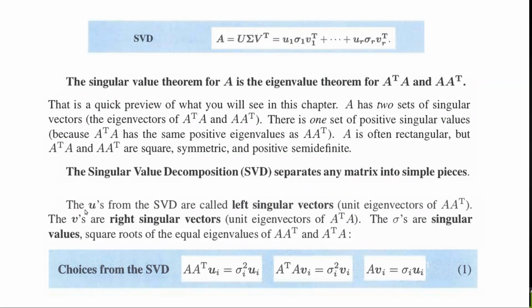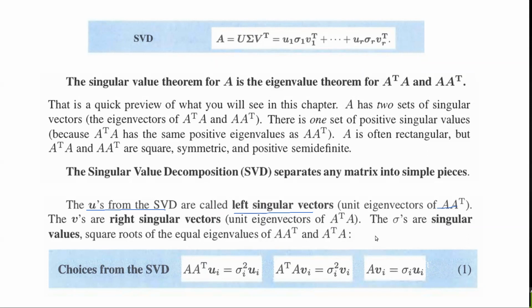So the U's from this are the left. We call these U's the left singular vectors that come from the A transpose, okay? And the V's are the right singular vectors, okay? So it's just the eigenvectors and eigenvalues, but we just use these fancy names, singular vectors and singular values.